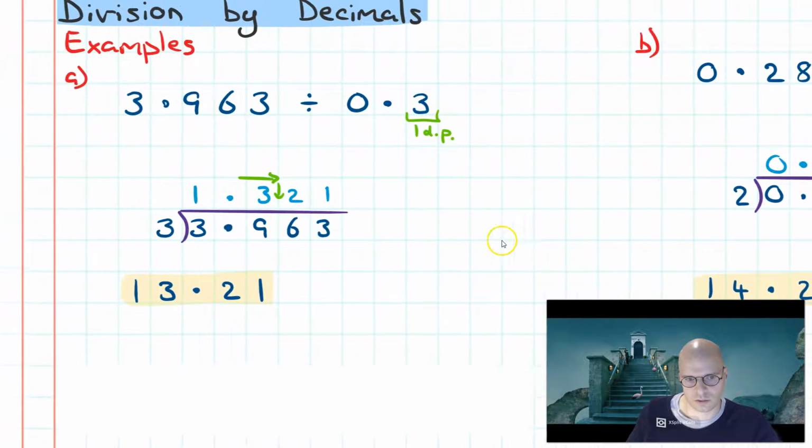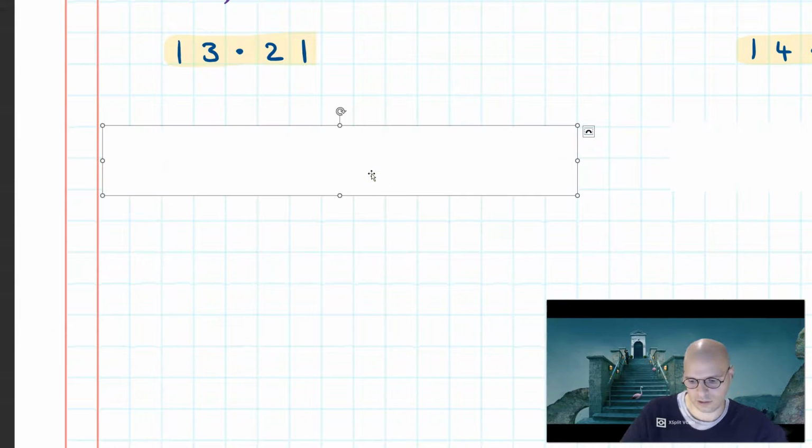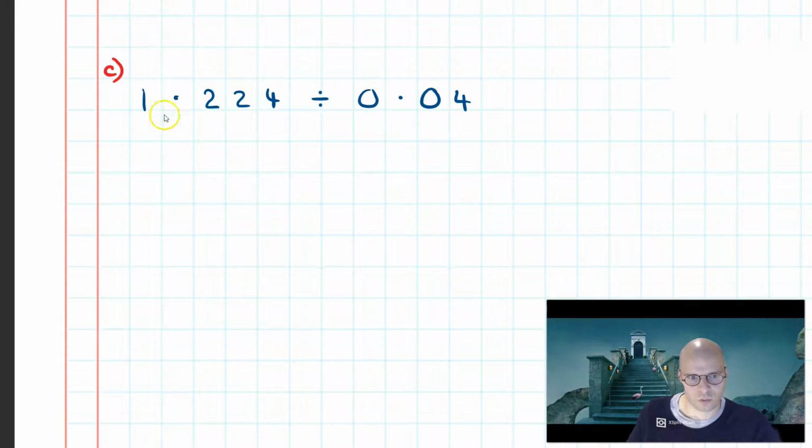Moving along, we go down to C. We have 1.224 divided by 0.04. What we're going to do is perform this division. Once again, pretending that we're working with a whole number, we simply rewrite the divisor as 4, and the dividend is still a decimal.